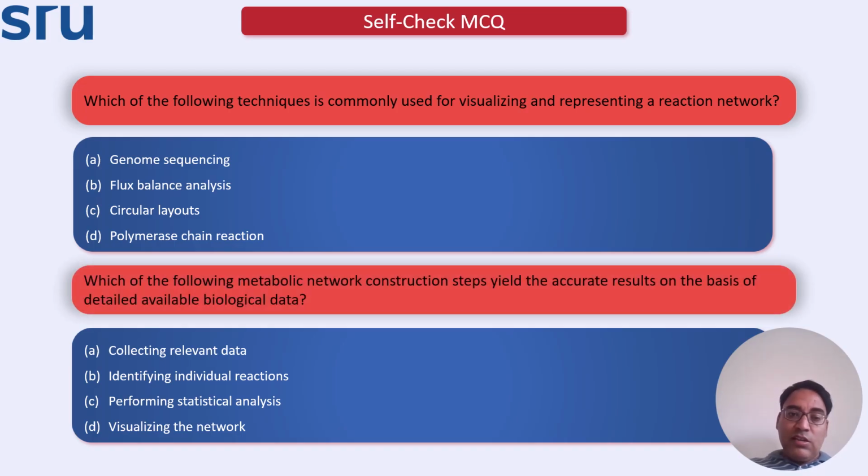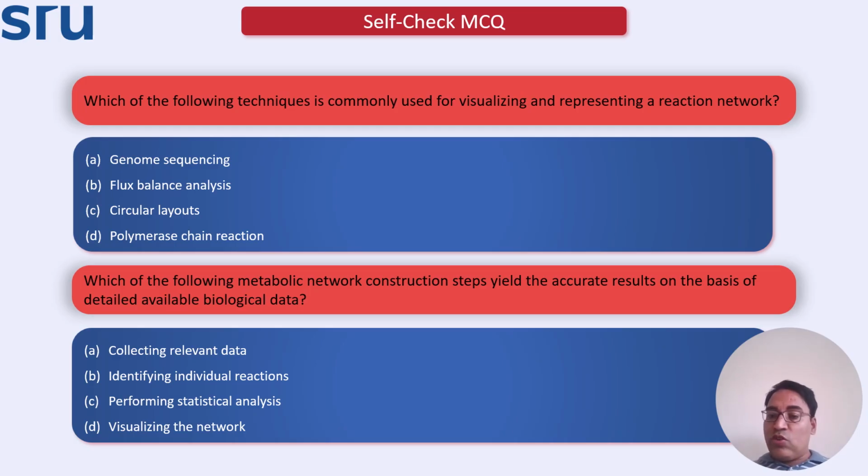Which of the following metabolic network construction steps yield accurate results on the basis of detailed available biological data? Remember that we always need to consider the detailed available biological data. Collecting relevant data, identifying individual reactions, performing statistical analysis.